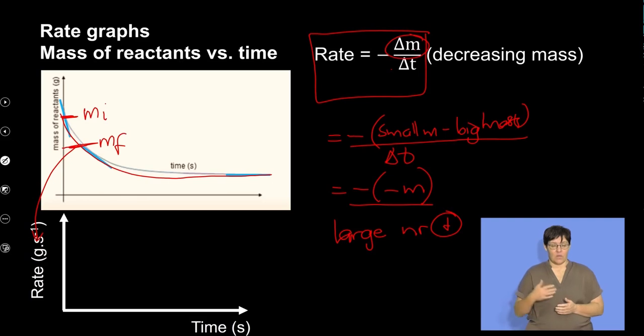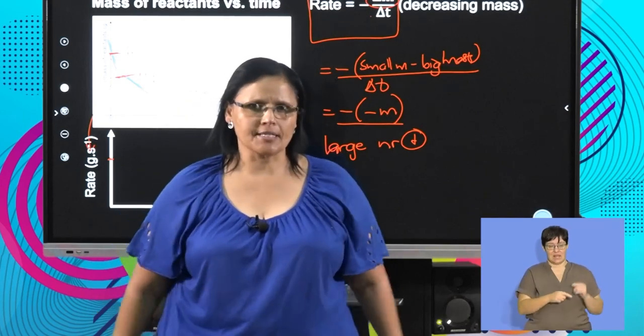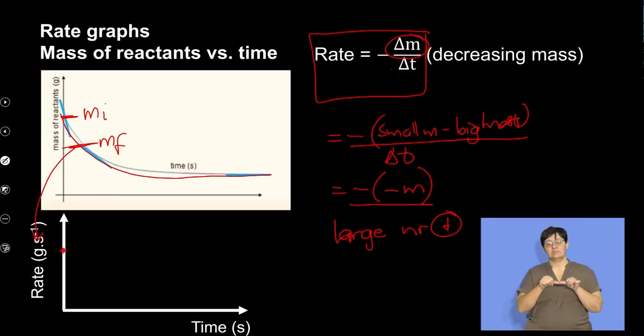So if we want to plot this on the graph of rate versus time, that first big number can be plotted as a significant number on my vertical axis, or rate of reaction axis. If we work out the tangent line of the gradient, maybe at that point, again we will have an initial mass and a final mass.